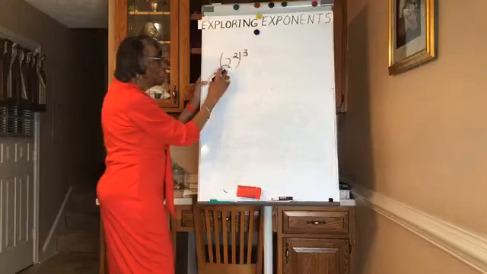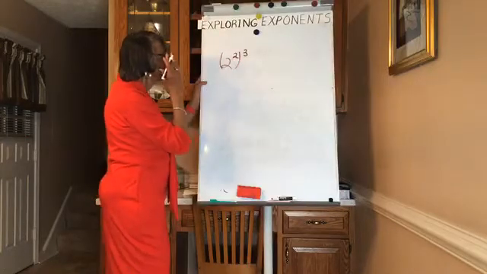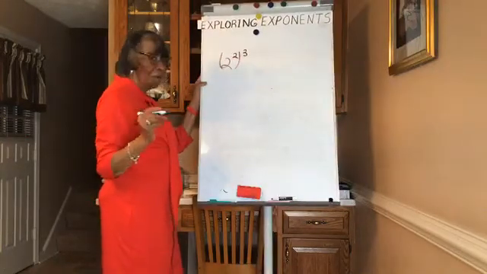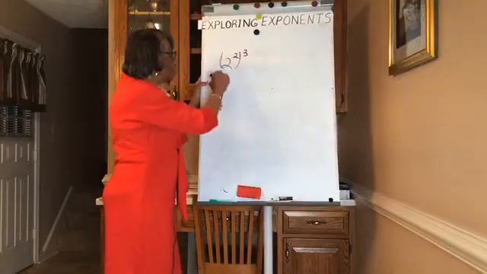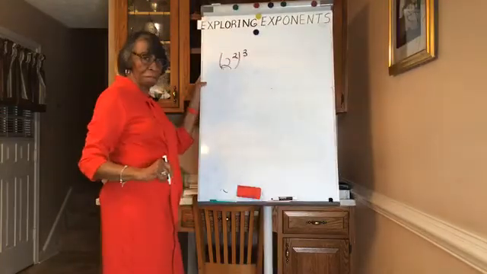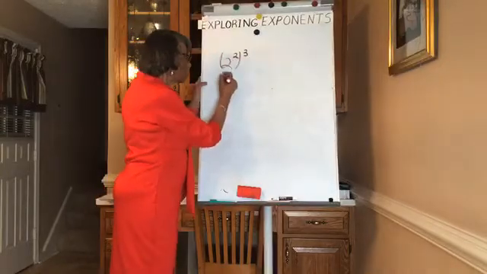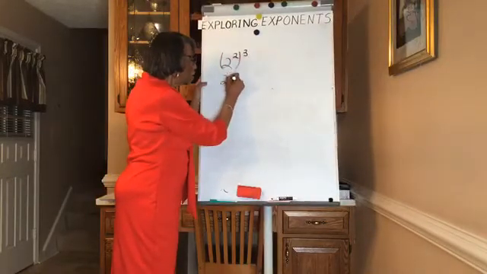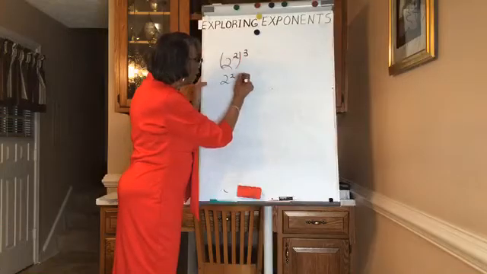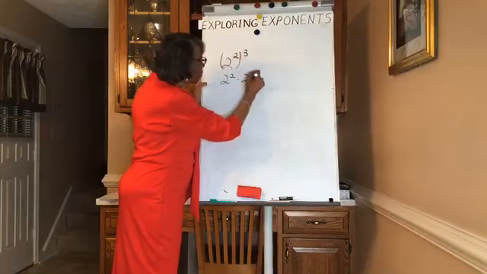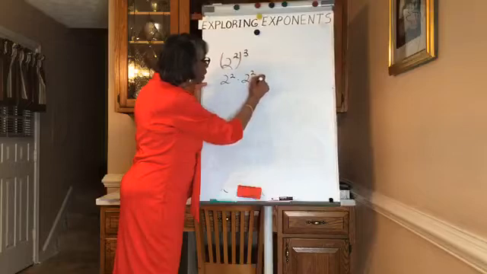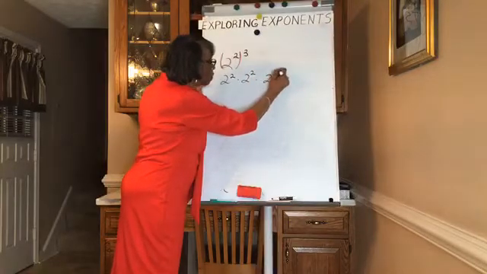So this whole thing in here is raised to the 3rd power. So what is raised to the 3rd power? 2 to the 2nd power. So what does that mean? That means we have 3 of those. So 2 to the 2nd power and 2 to the 2nd power and 2 to the 2nd power.